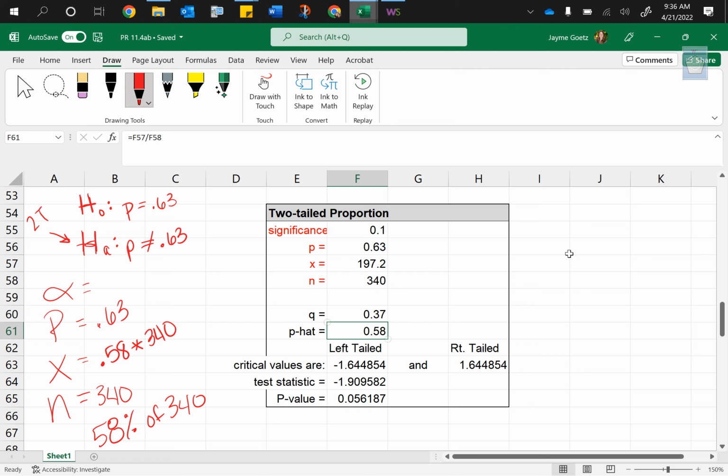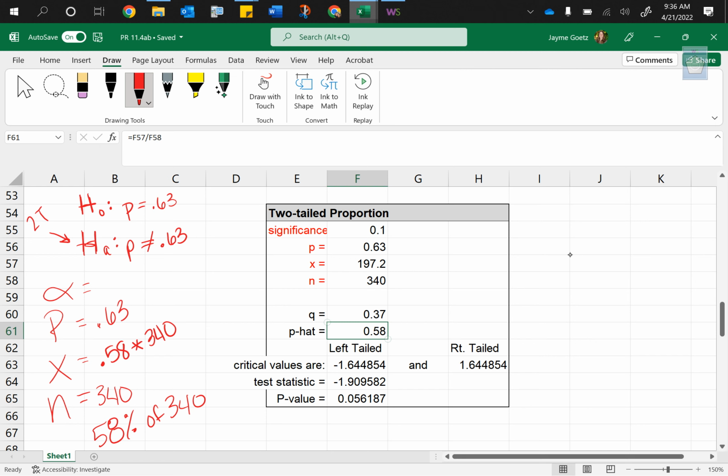Remember, because we find alpha, then alpha over 2, then we use, since this is a z-value, norm.s.inv of 1 minus alpha over 2 in order to find your critical values. Well, they didn't ask for the critical values for this problem. So actually, with this problem, the significance value, your alpha, doesn't matter. It doesn't help us. We only need the test statistic.